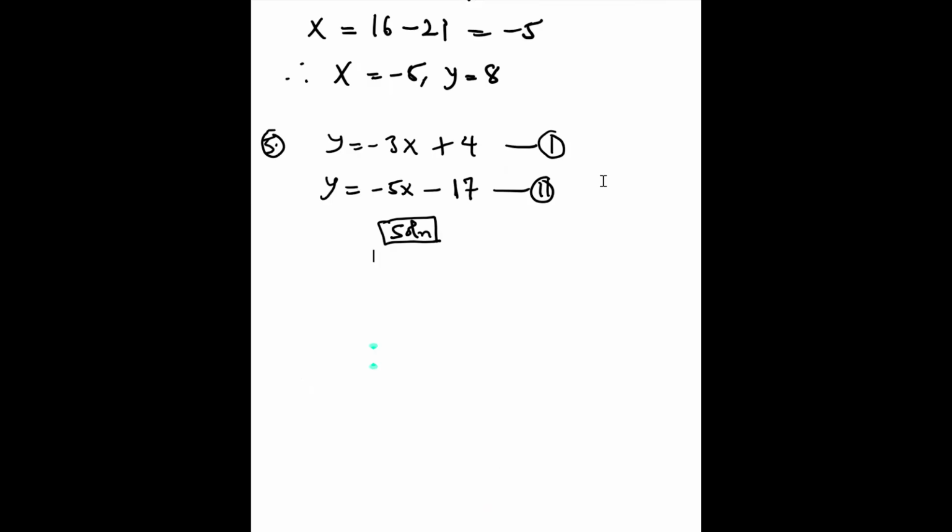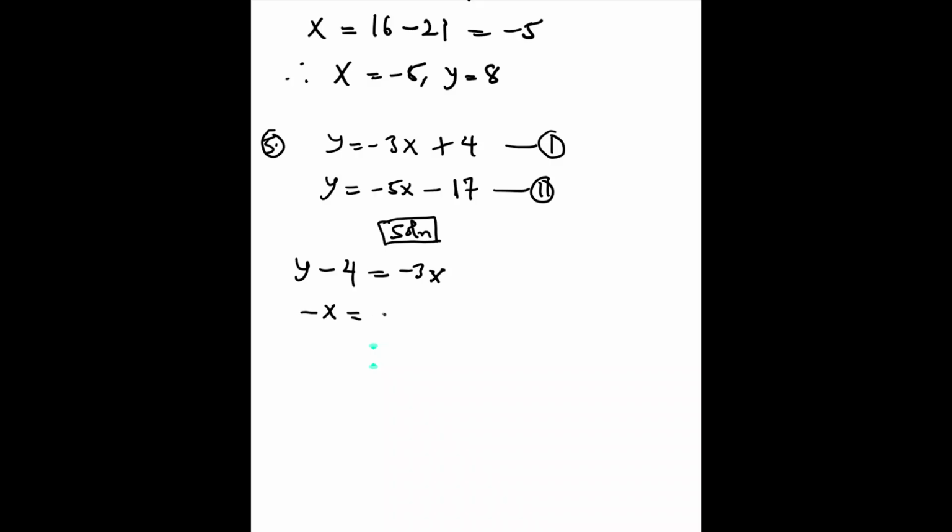Now we have another example, and this will be the last example for this video. Number 5 says y equals minus 3x plus 4 for equation 1, and y equals minus 5x minus 17 for equation 2. So from equation 1 that we have, we can write it this way: y minus 4 is equal to minus 3x.